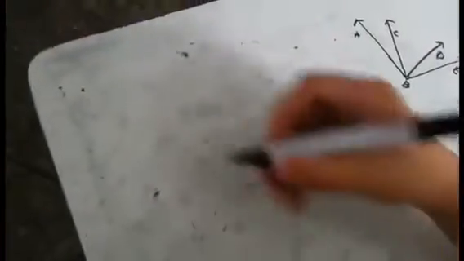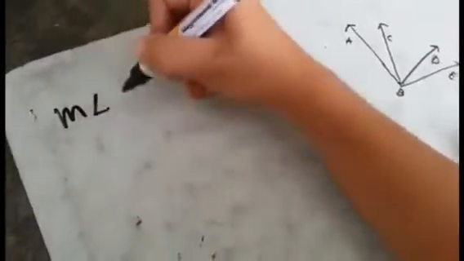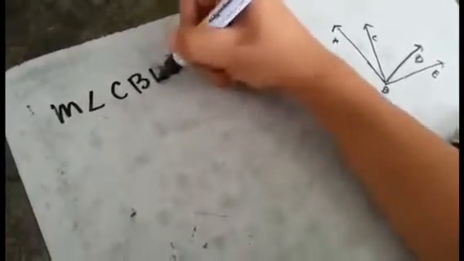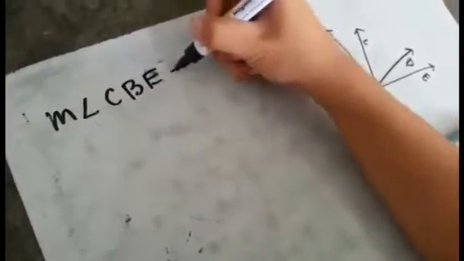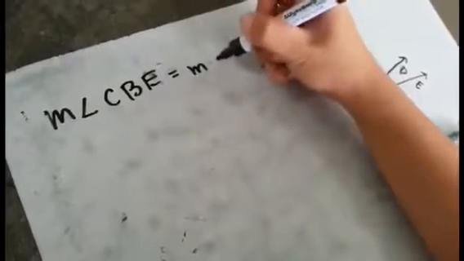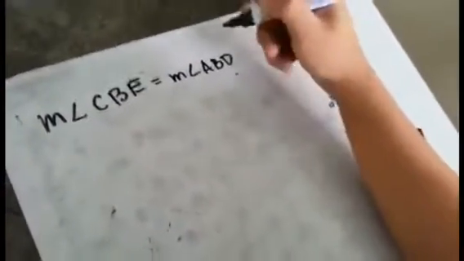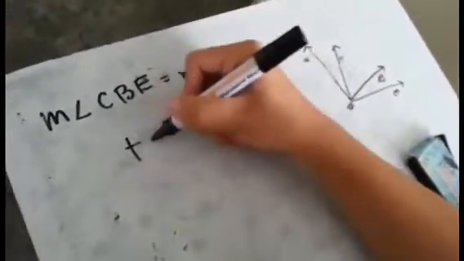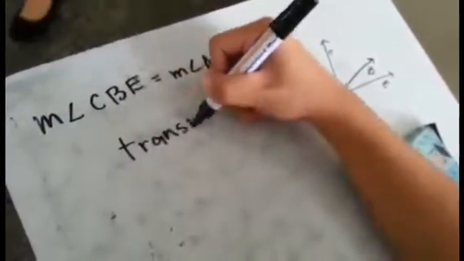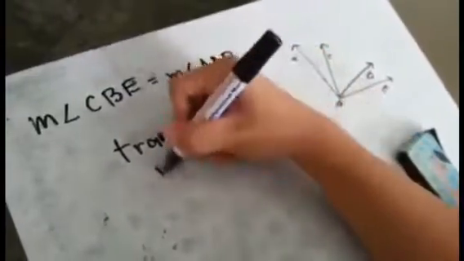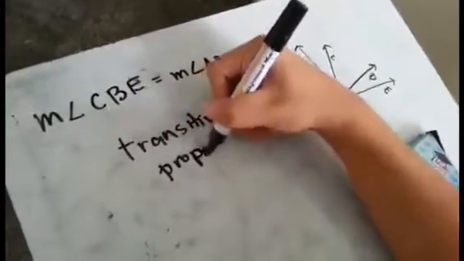There, we can see that the measure of angle CBE is equal to the measure of angle ABD thanks to the transitive property. We're almost done.